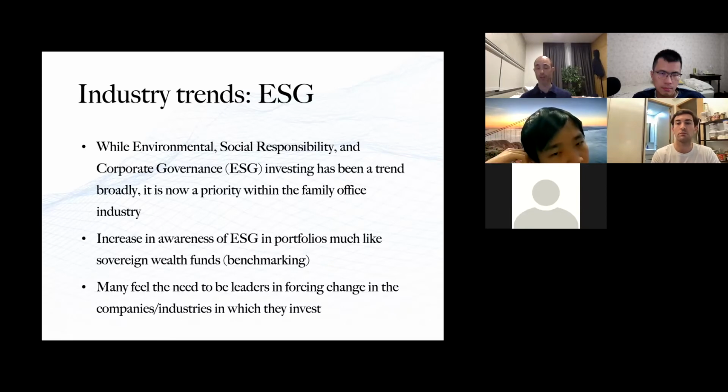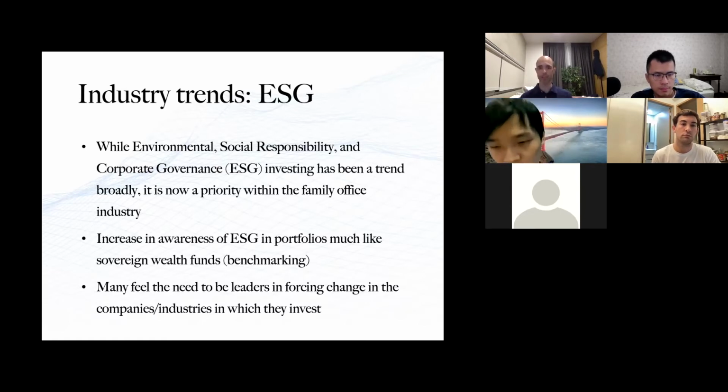And that's also true for family offices. In many cases, even more true. They've been kind of at the leading edge of many of these trends, and in particular with ESG, because they have the flexibility to unilaterally decide to do something like that. And so they can move very quickly and move into these new emerging areas.